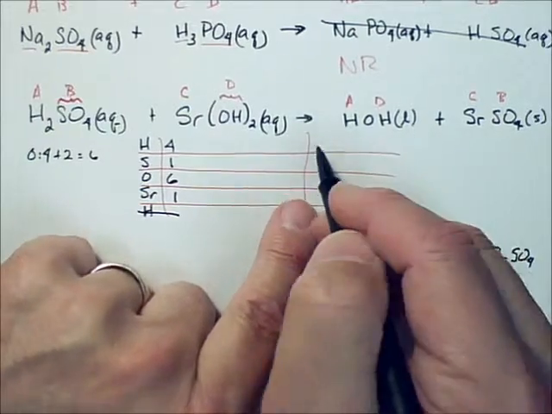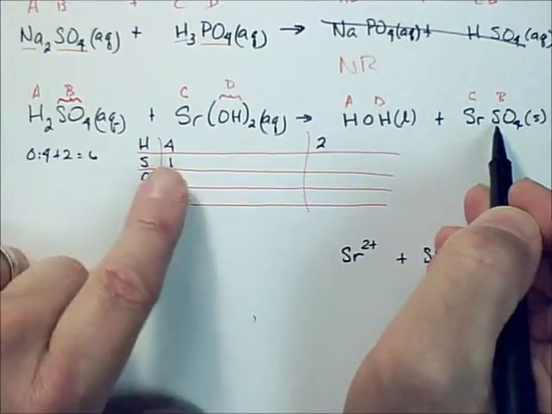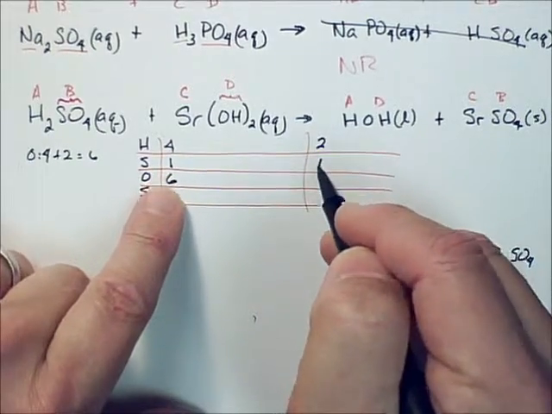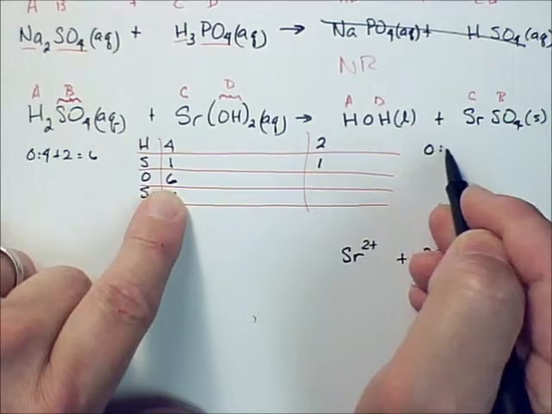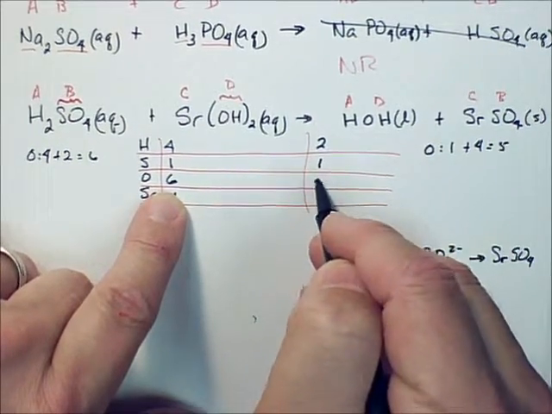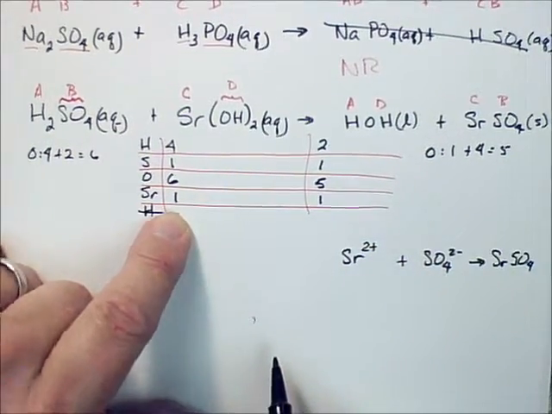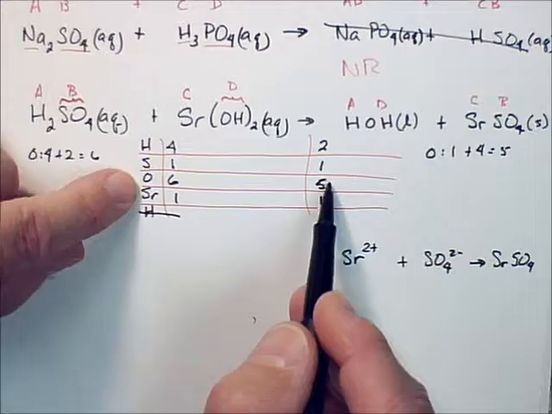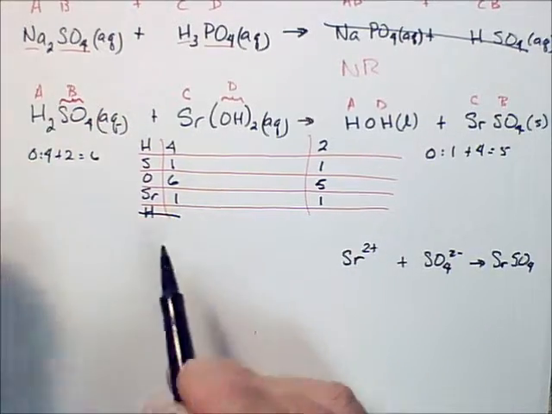We've got 2 hydrogens here in water. I've got 1 sulfur. I've got 1 and 4. 1 oxygen plus 4 equals 5 oxygens. So I have 1 strontium. Okay, we're going to save oxygen for last, hydrogen for next to last. Oh, but everything else is balanced.